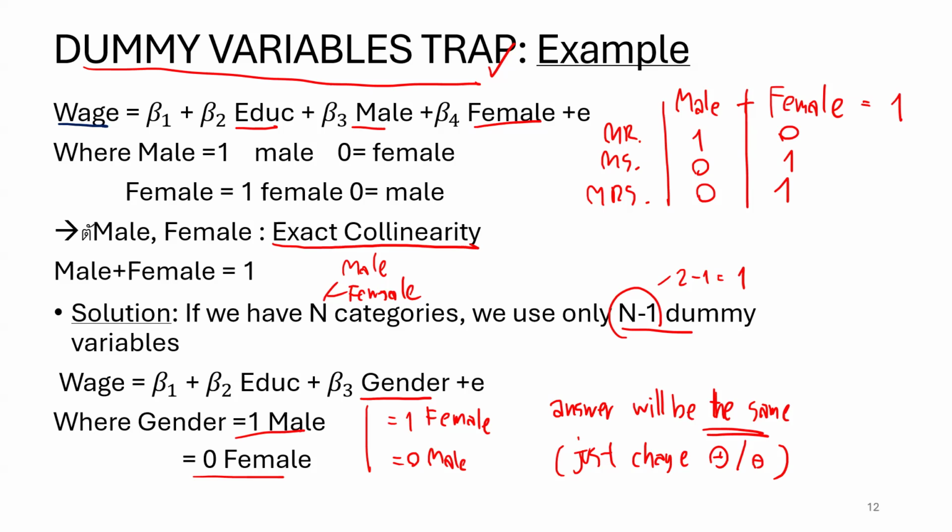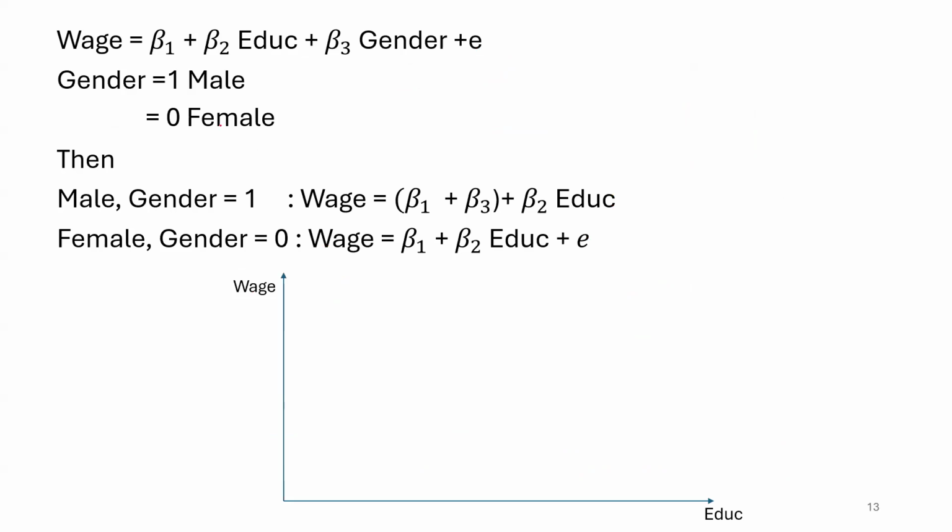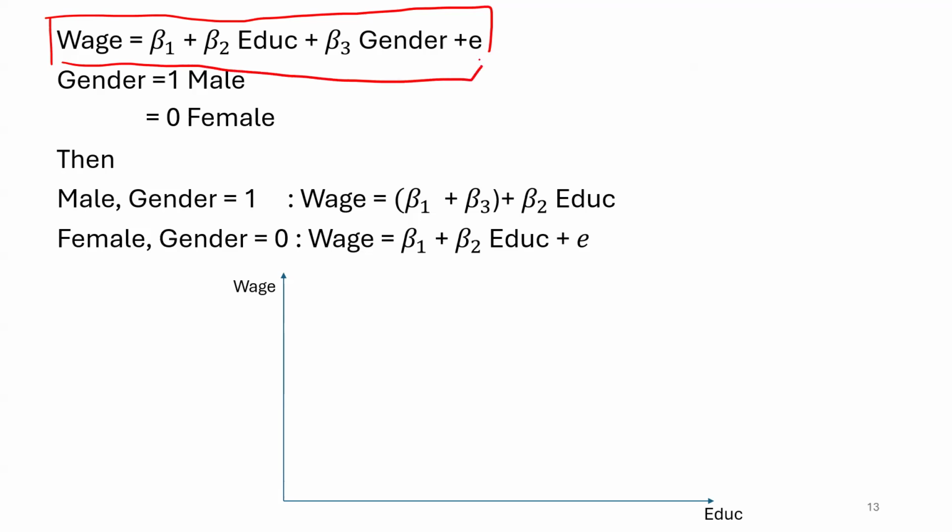And then how can we know the wage of each gender if we put only one dummy variable? I will show you. With only one dummy variable we can know both genders' wages. For example, if we set gender equal one is male and zero is female, let's consider the female case first. Gender is zero, so the wage depends only on education.